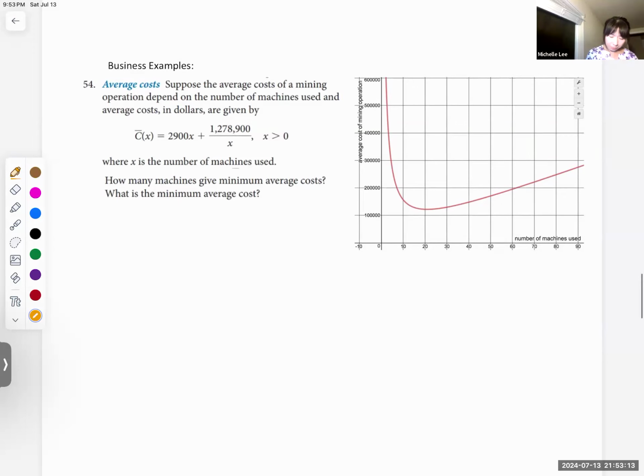Right, so we are finding basically the critical values.